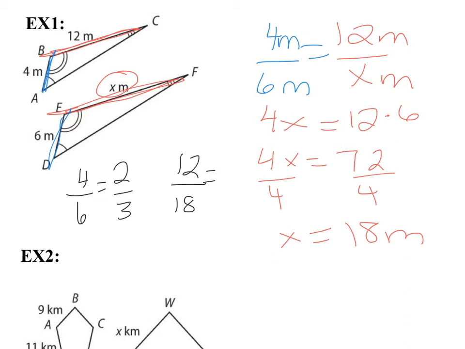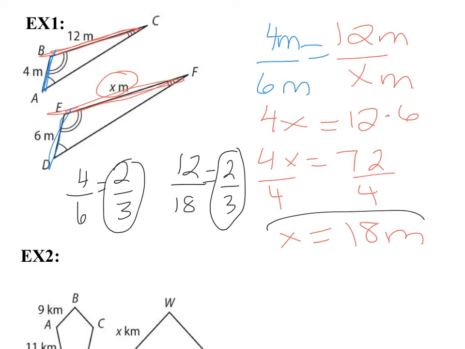So I can divide the 12 by 6 and the 18 by 6, and I also end up with 2 over 3. And since they both have the same reduced ratio, that makes them proportional to each other. Therefore, they are similar figures, and x, therefore, can be 18 meters.